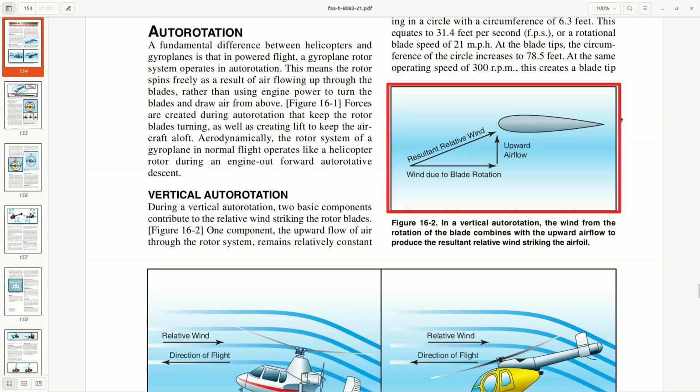If we look at an autorotation, we can look at the wind that is hitting our airfoil. We have two components for that wind: the wind due to the blade rotating, and the component due to the rotor essentially falling through the air. That gives us our resultant relative wind.